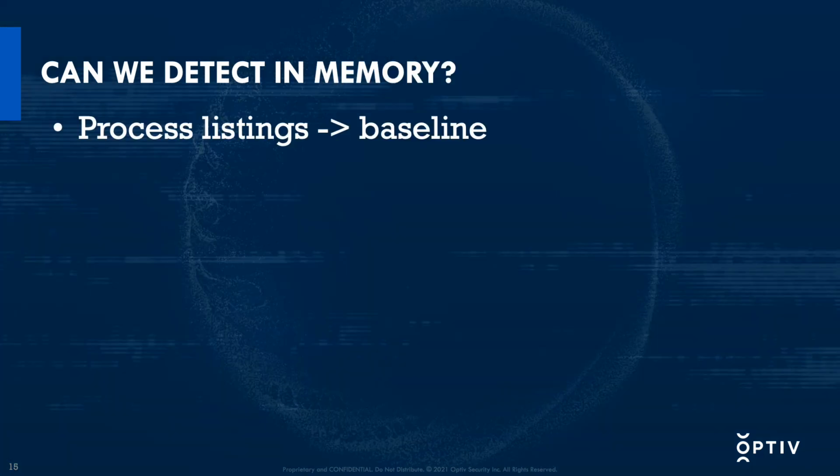Memory forensics is another way we might detect this activity or the overall attack. The first place we can look, whether it's using a tool like Volatility or even some of the more traditional forensics kits, you can first obviously look at process listings.